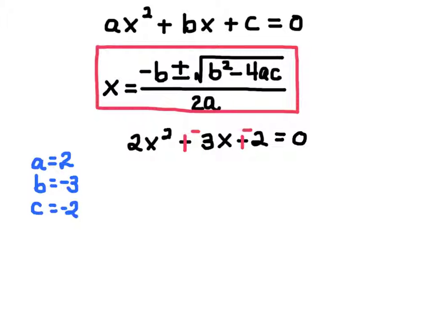And here we're going to use the quadratic formula that we have boxed in red there to find the values of x which will make this equation true. So we start with negative b. Negative b is negative 3.